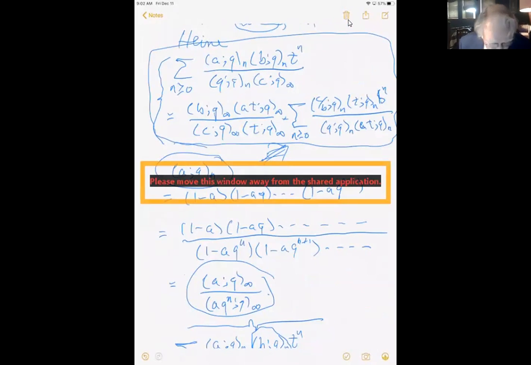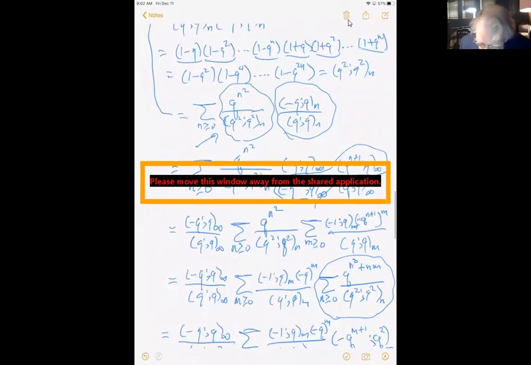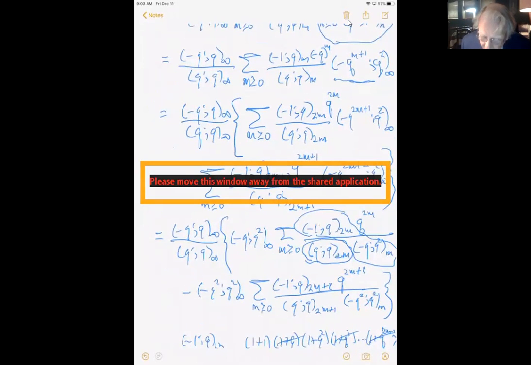In other words, if you take one of the A or B equal to 0 and replace Q by Q squared, each of these becomes an instance of that formula.